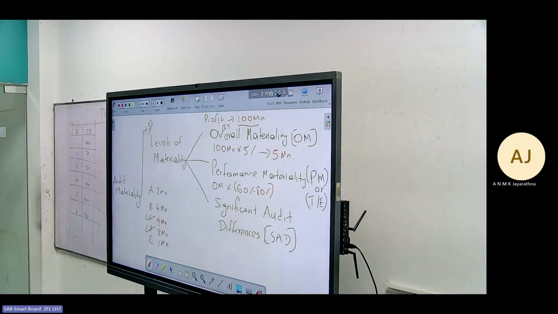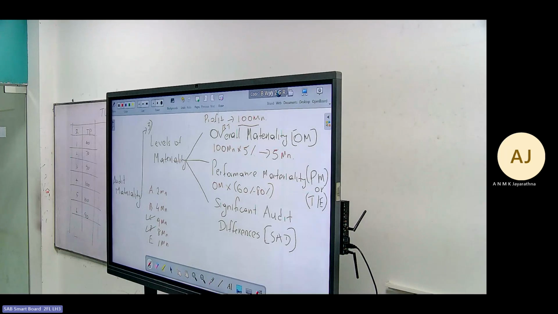You will verify sample items. You will focus only on material accounts, and in those also on samples. So the not-checked areas are more. The cumulative effect of misstatements should not exceed overall materiality. For that purpose, we will take a lesser amount as materiality, from planning through to providing the opinion.